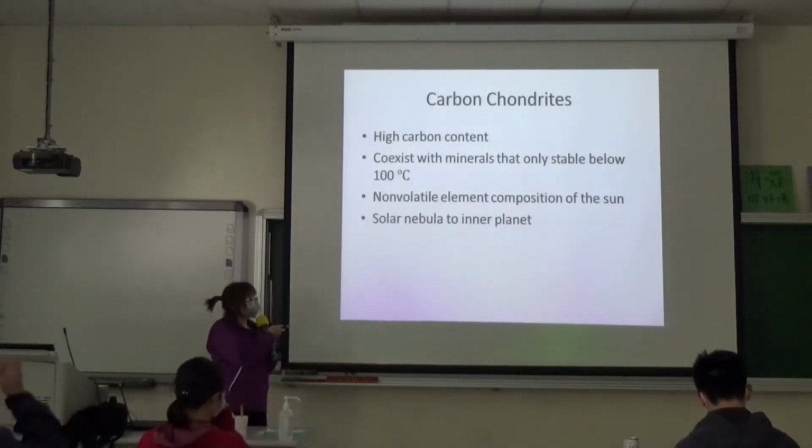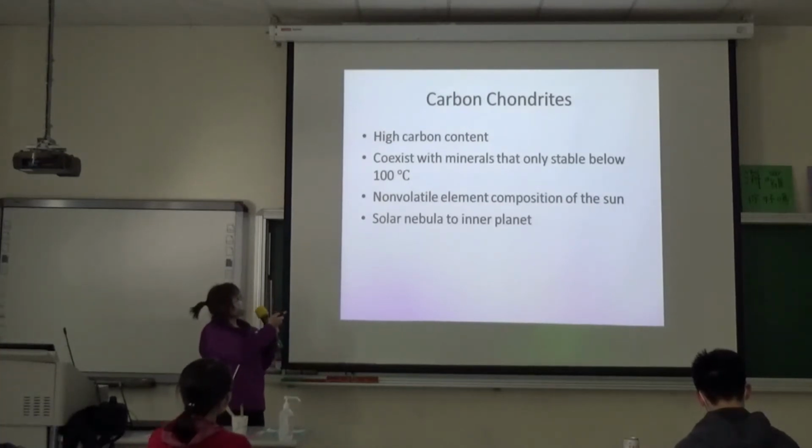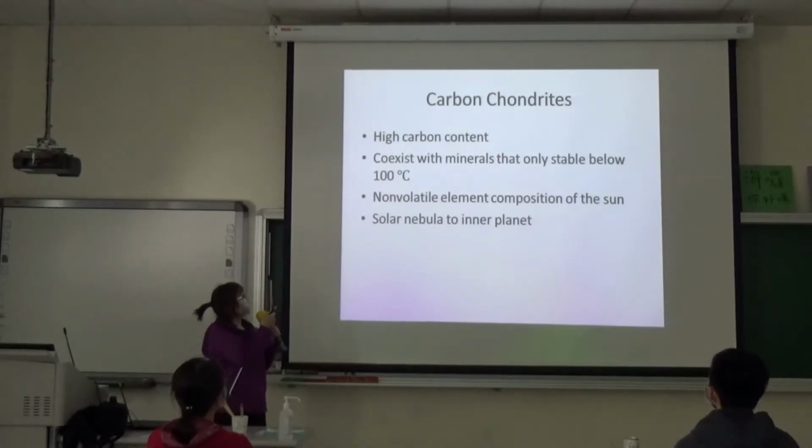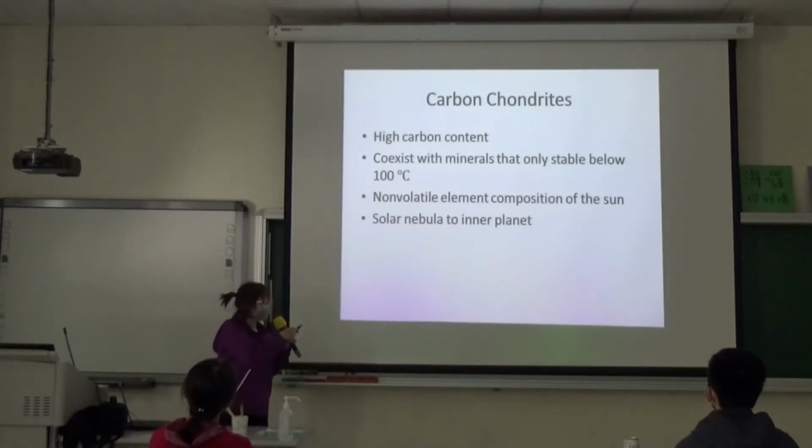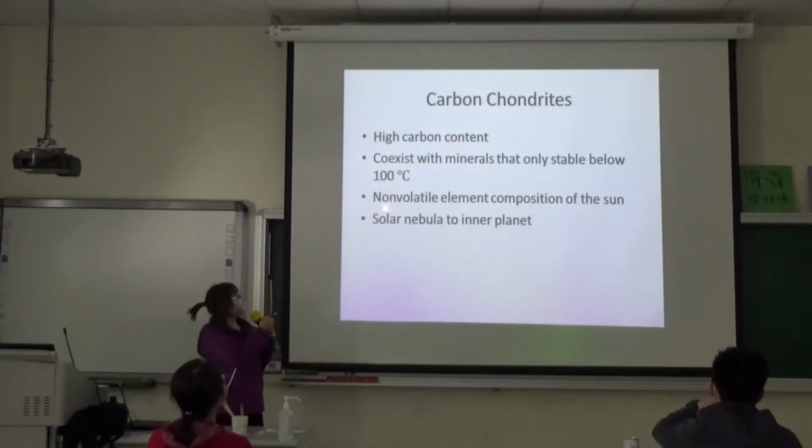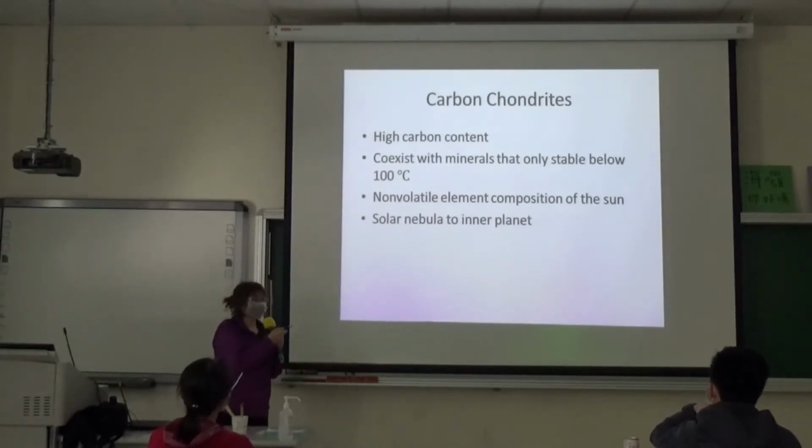With all of this, there is one special type, carbonaceous chondrite, which means it has a high carbon content and can coexist with minerals that are only stable below 100 degrees, so the temperature is very low, and more elements can be stored in this carbonaceous chondrite. Non-volatile elements, 无易挥发的.